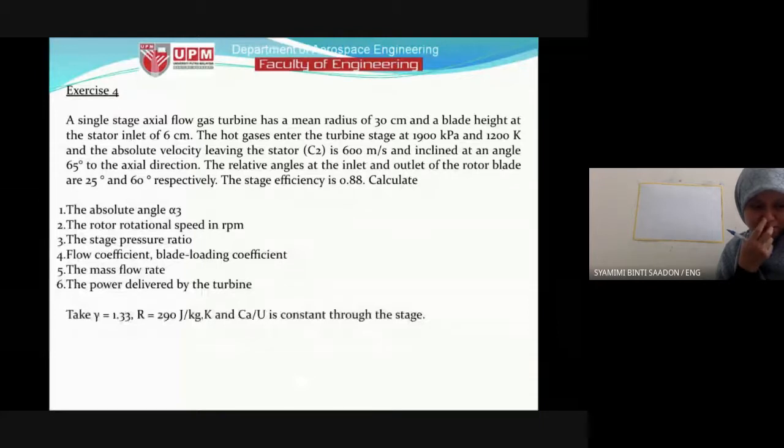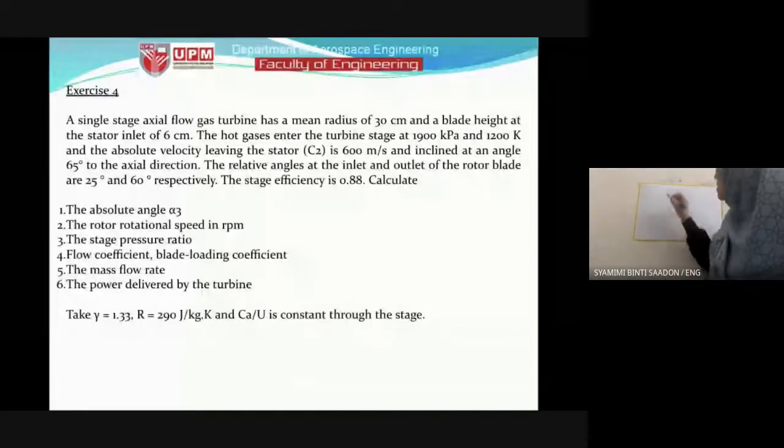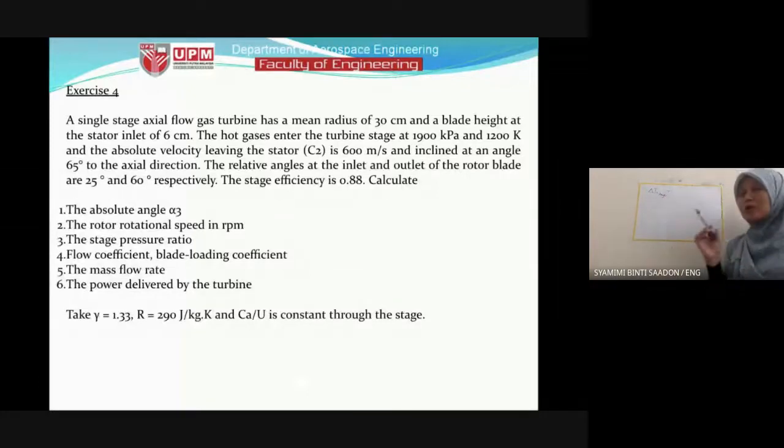We use the 253. We use the definition of the stage temperature, because we want to calculate the stage pressure.